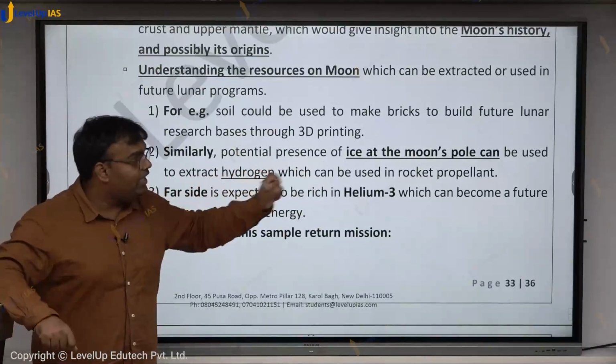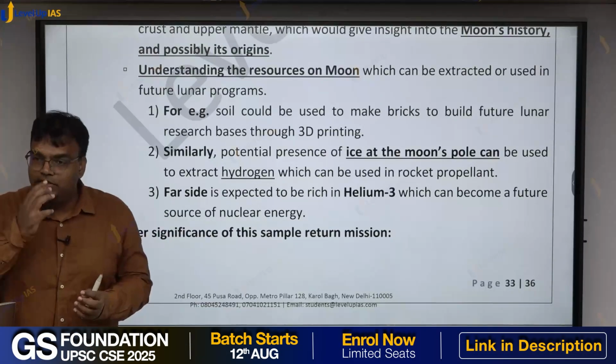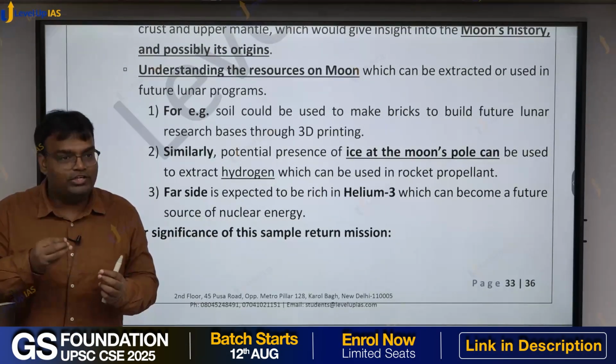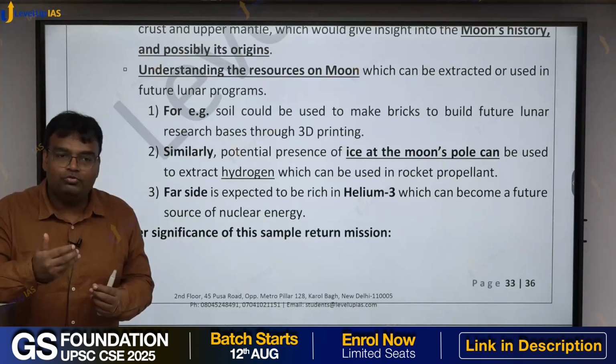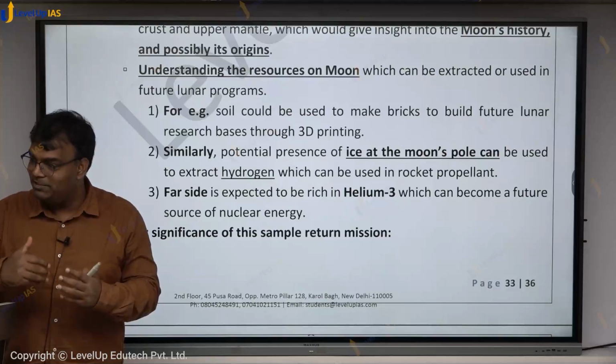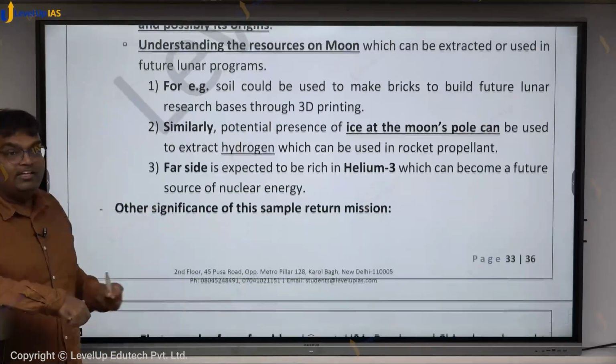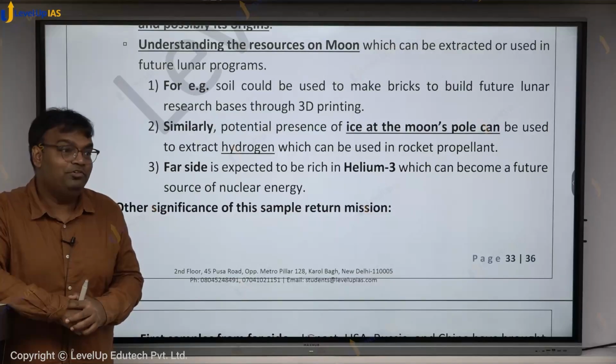Then potential presence of ice at the moon's pole. This ice in future using energy can be converted into hydrogen and oxygen. What can be converted into water and hydrogen and oxygen? Hydrogen is an important fuel for rocket, so for space programs this would be needed, right? And helium-3, availability of helium-3.